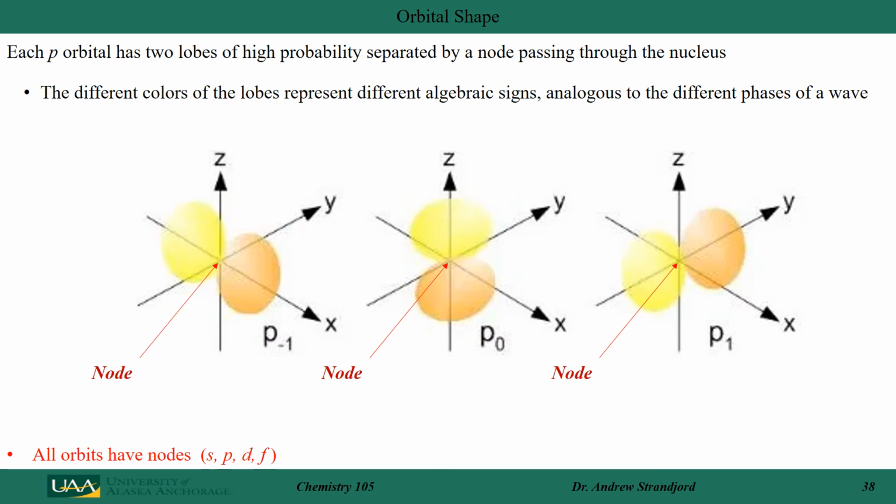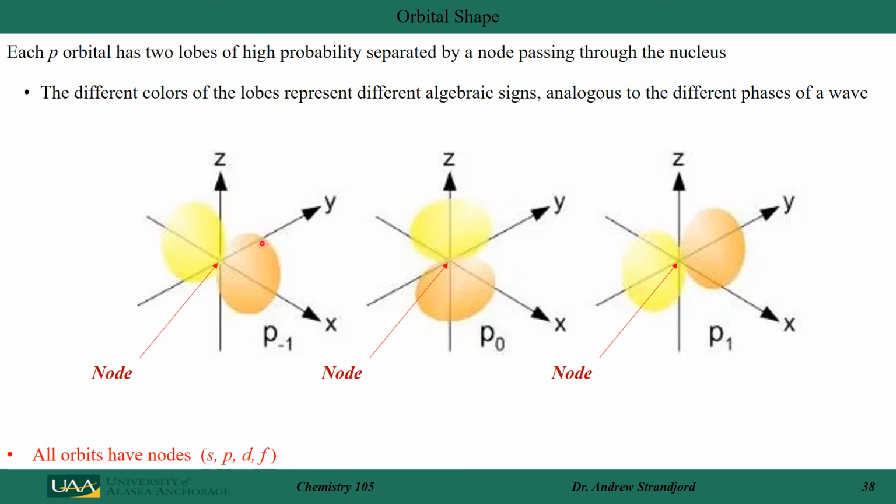If we look a little closer at a p orbital, we notice that it actually has two lobes of high probability. I have this brown lobe here and this yellow lobe here, and they're separated by a node passing through the nucleus. A node is defined as a point or a sphere where the probability of finding an electron is 0.